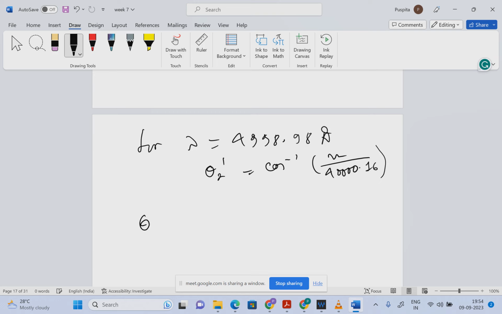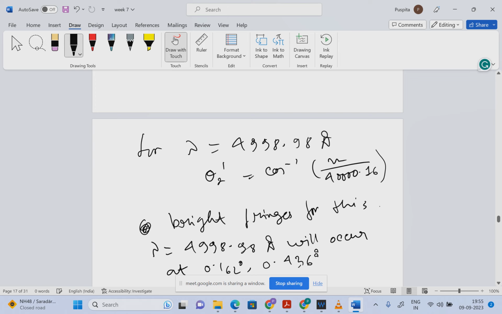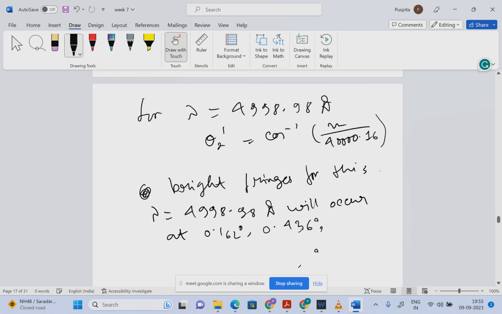So the bright fringes for this lambda equal to 4998.98 angstrom will occur at 0.162 degree, 0.436 degree, and 0.595 degree.